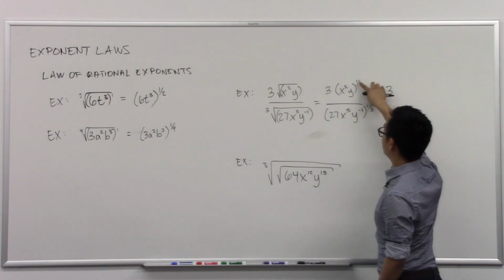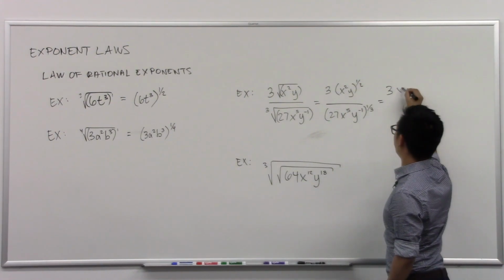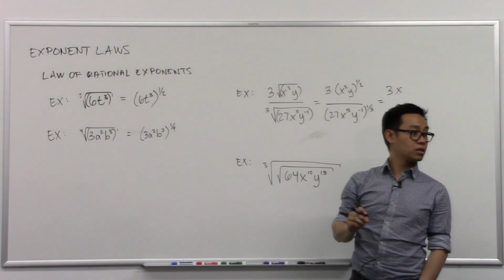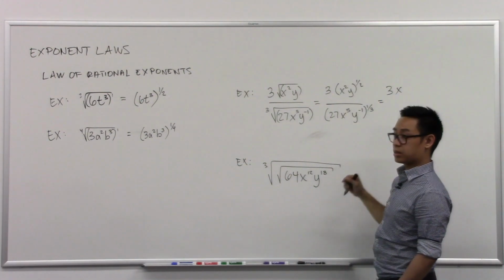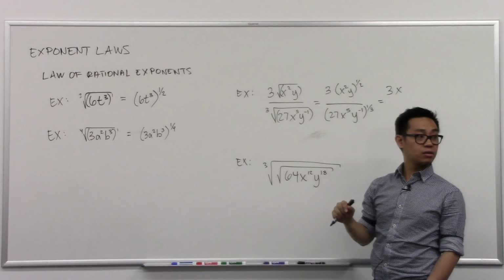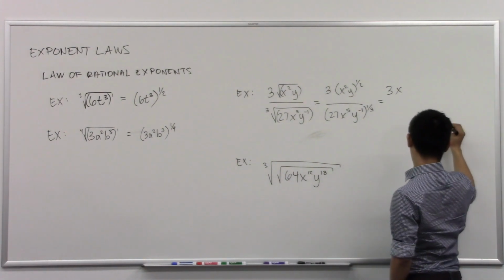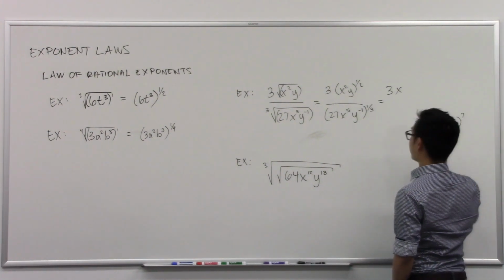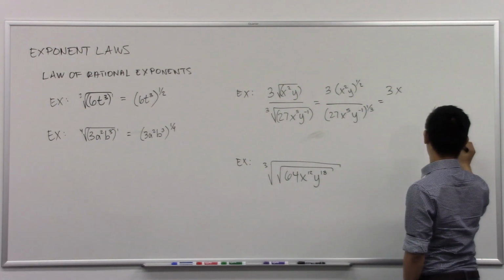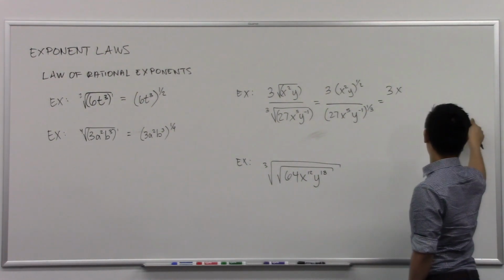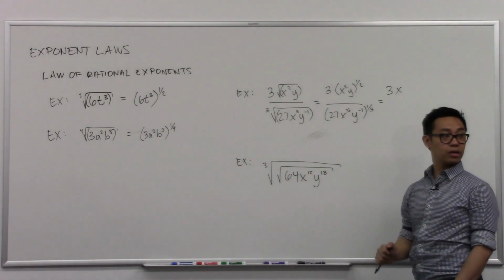If this was 7, what would this become? It'd be 3x to the what? If that 1/2 was 7, it'd be x to the what? If I gave you x squared y to the 7, you would more easily tell me x to the 14, y to the 7, because you would multiply the exponents, right?